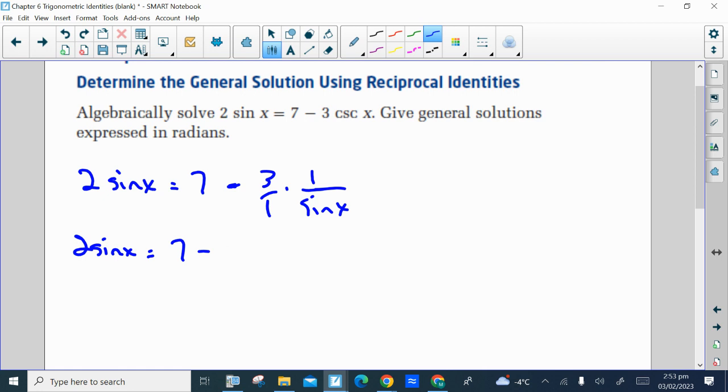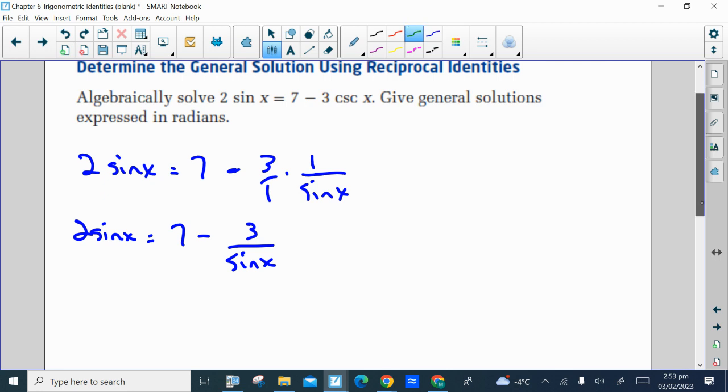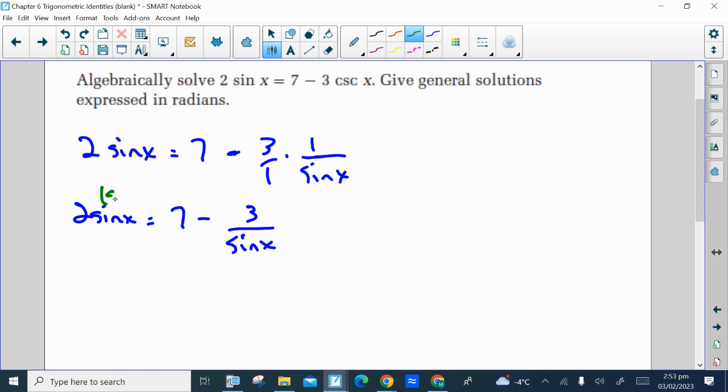If I multiply that rational expression, top times top, over bottom times bottom, we see that 3 cosecant x can be written as 3 over sine x, because cosecant is 1 over sine. So my next step would be to multiply all 3 terms by sine x.